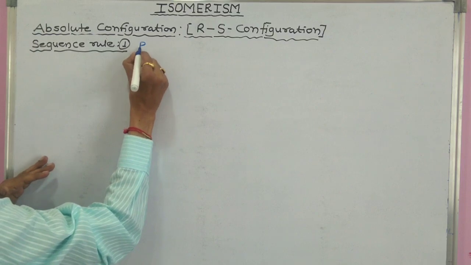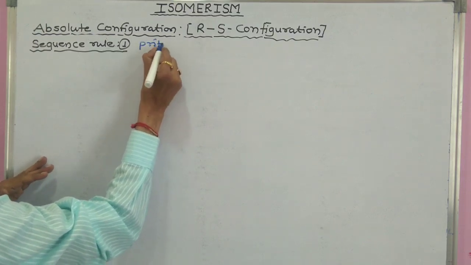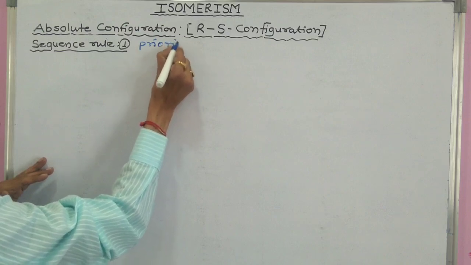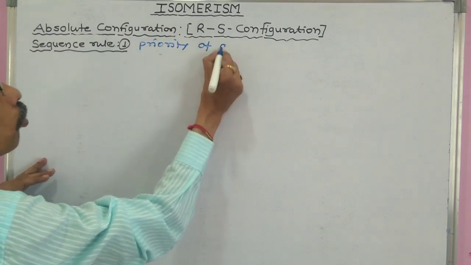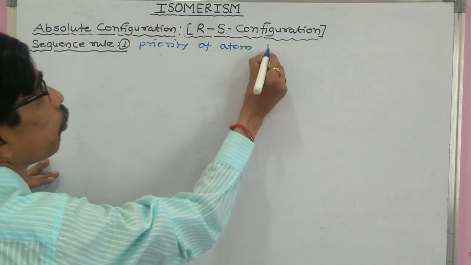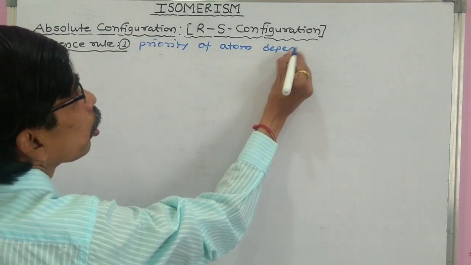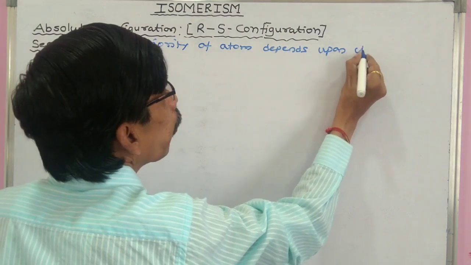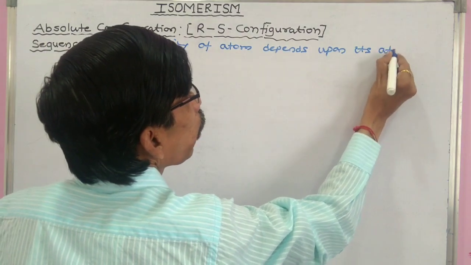So what is the first rule? The first rule is that the priority of an atom depends upon its atomic number.